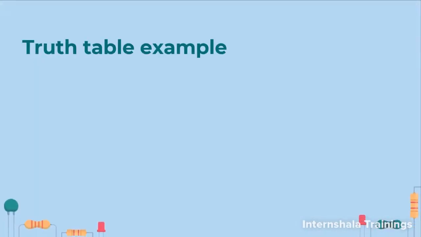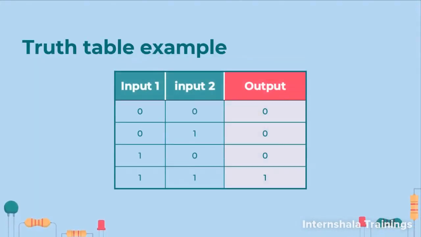So here we have one truth table of two inputs. When we have two inputs, then we can generate 2 raised to power 2, that is 4 input cases. We can observe here that in the output column, 3 values are 0 and 1 is 1. That means the output is false for 3 input cases and output is true for only 1 input case.